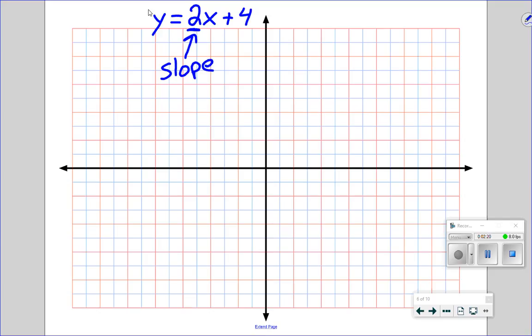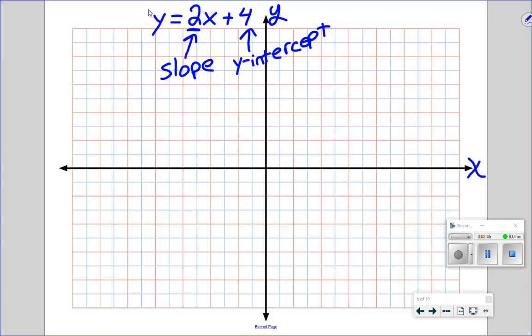Whatever's being multiplied by x is your slope. It tells you how steep the line is or how far to go up for every move over on the x. It's your rise over your run. That number right there is your y-intercept. It's where it crosses or touches the y-axis. So here's my y-axis, here's my x-axis.